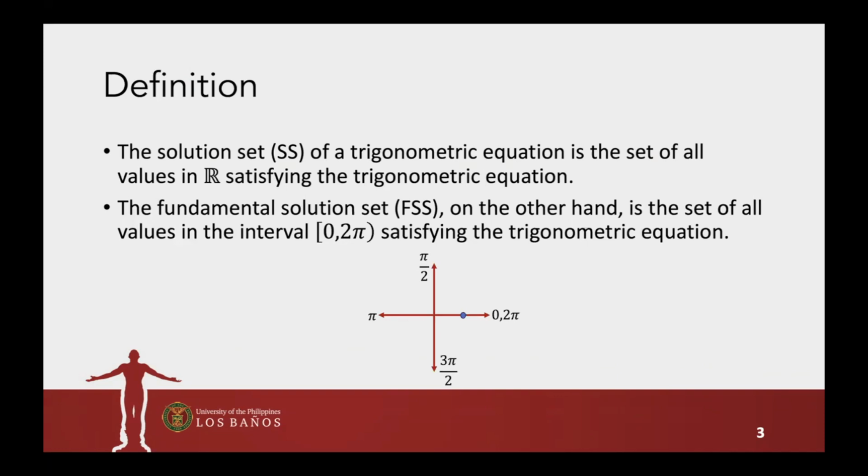However, when we talk about the solution set, or SS, we are talking about all solutions from the first rotation to the second rotation to the third rotation and so on. We're considering all values across an infinite number of rotations.